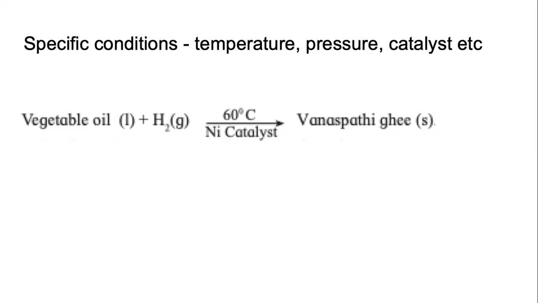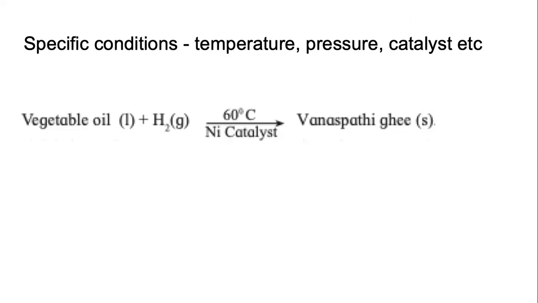Ghee is an animal product, but vanaspati ghee is from vegetables. So we take vegetable oil and react it with hydrogen, and this cannot happen at any random temperature. We need a particular temperature, 60 degrees Celsius.